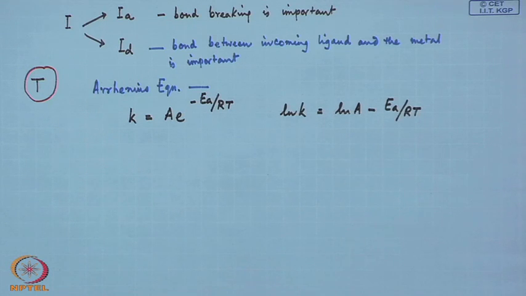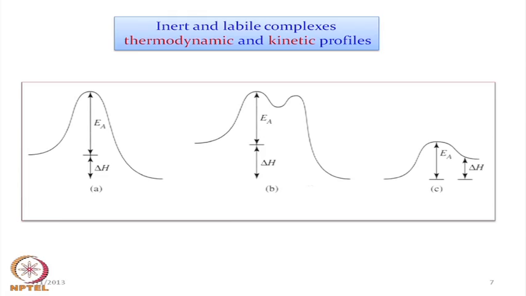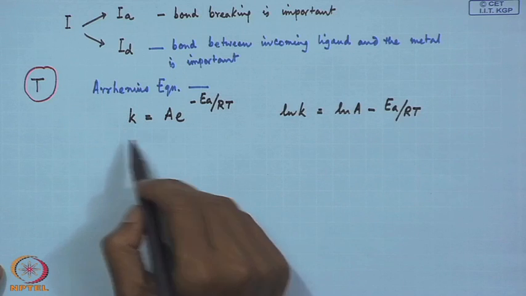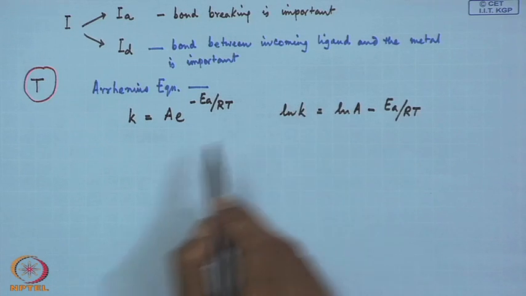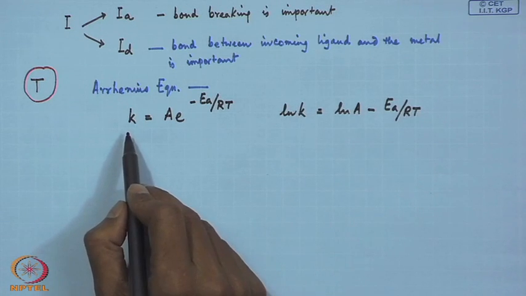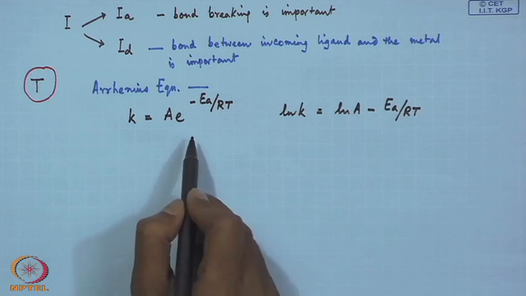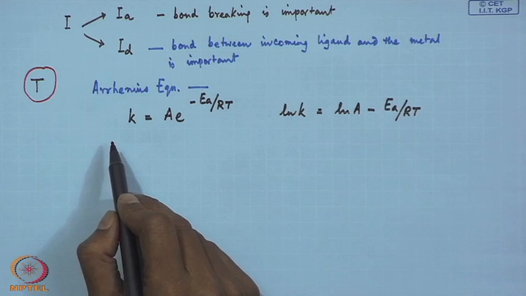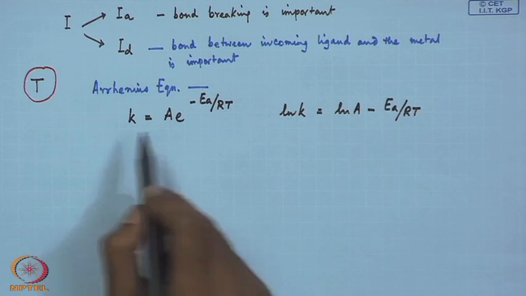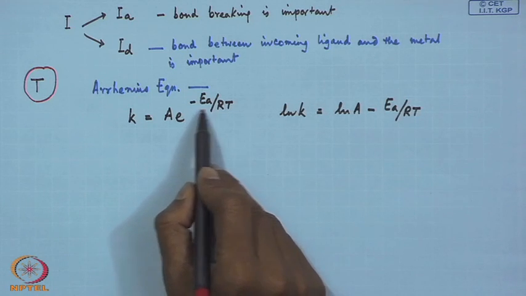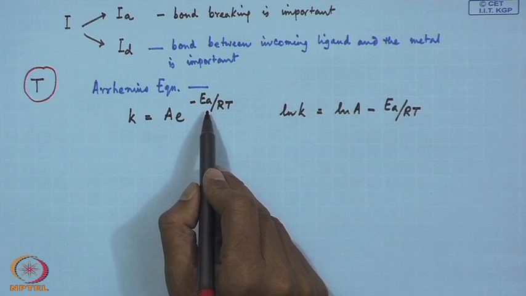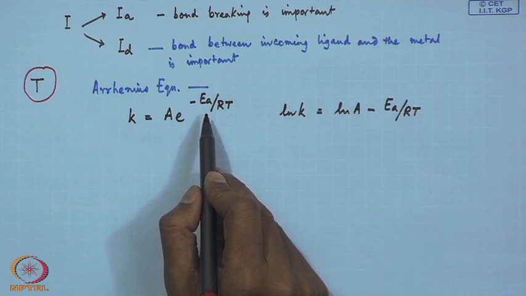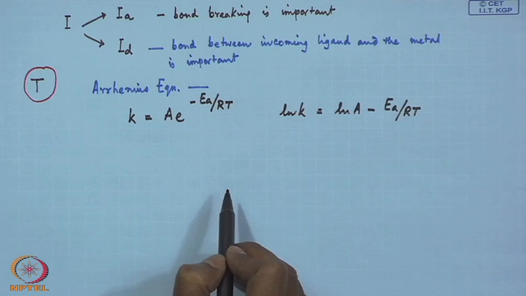So, these give us some plots where we can find out how the corresponding parameters behave. The K values are the rates of the reaction, which have some dependence on the thermodynamic stability: K forward divided by K backward gives us the equilibrium constant value. But this E A value is the energy of activation, the potential energy barrier.